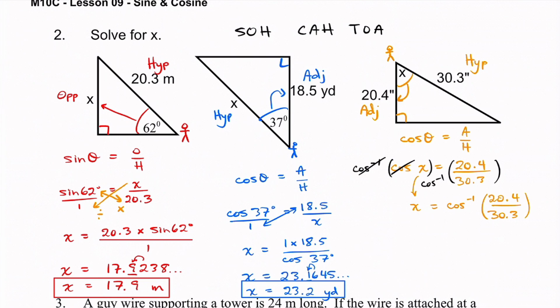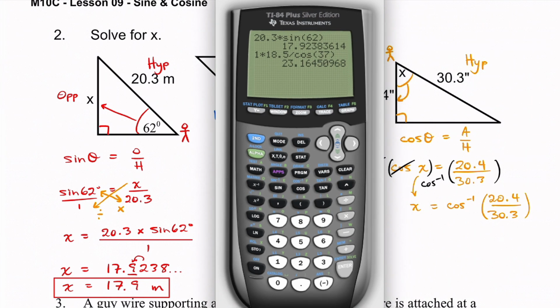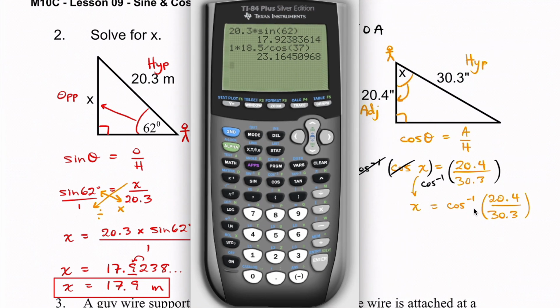Okay, and then we're going to type that into our calculator. So cos inverse is, we got to click the second button and then cos, that'll get you to cos inverse there. And then it'll open up the bracket and then go 20.4 divided by 30.3. And make sure you close your bracket.